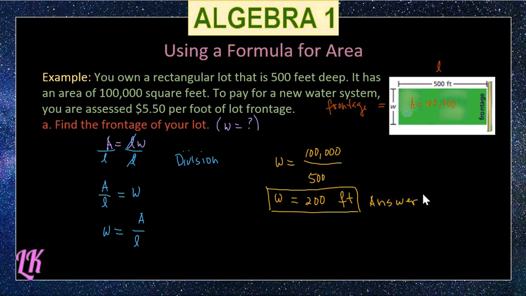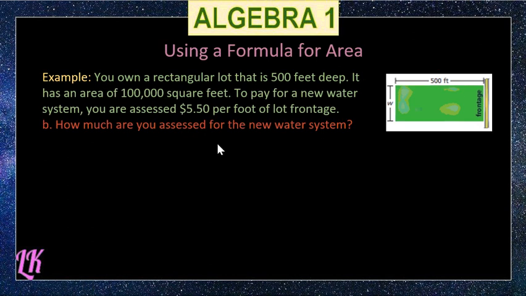Now for a follow-up question, how much are you assessed for the new water system? So here, the cost per foot is $5.50.